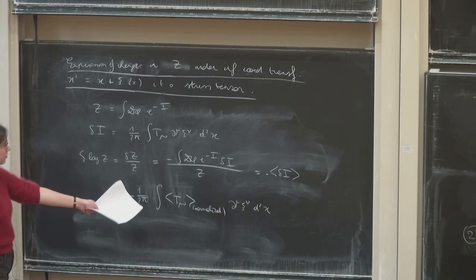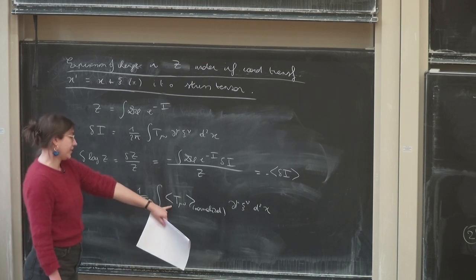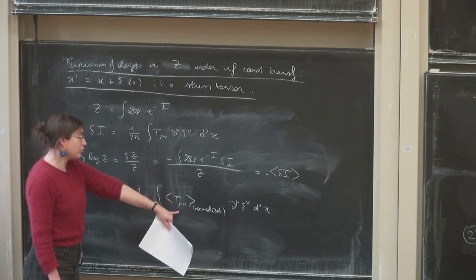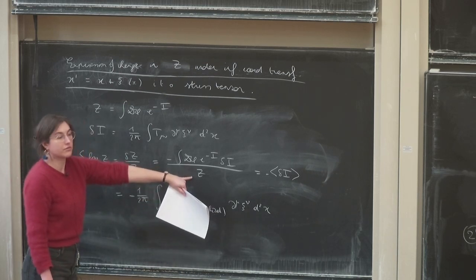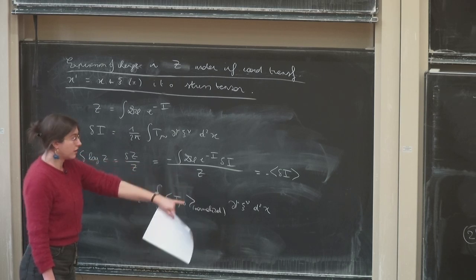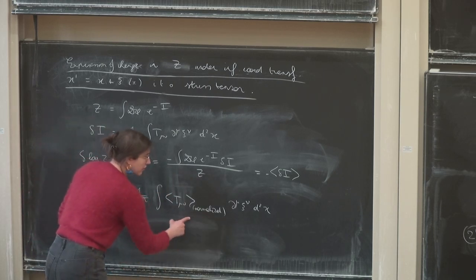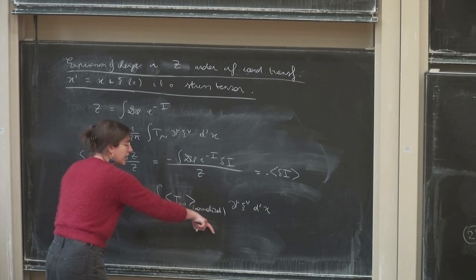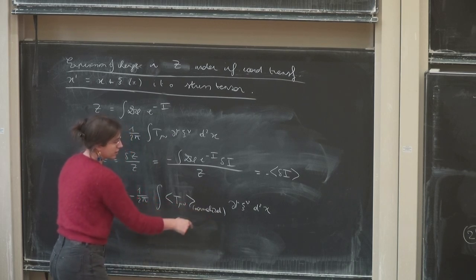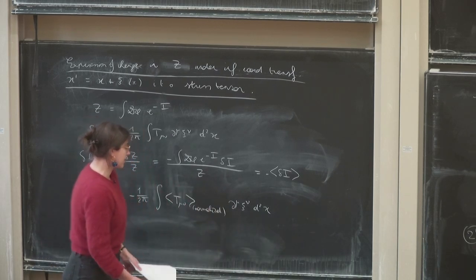So it's minus 1 over 2 pi times the expectation value of T mu nu, but the normalized one, because I have a 1 over Z here. Of course, I won't always write this, but there's a point in the calculation where it's good to remember that it's the normalized one, d mu psi nu.